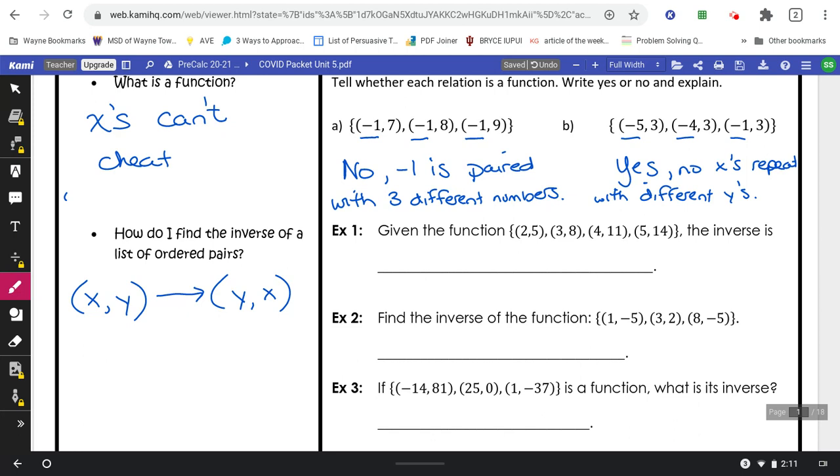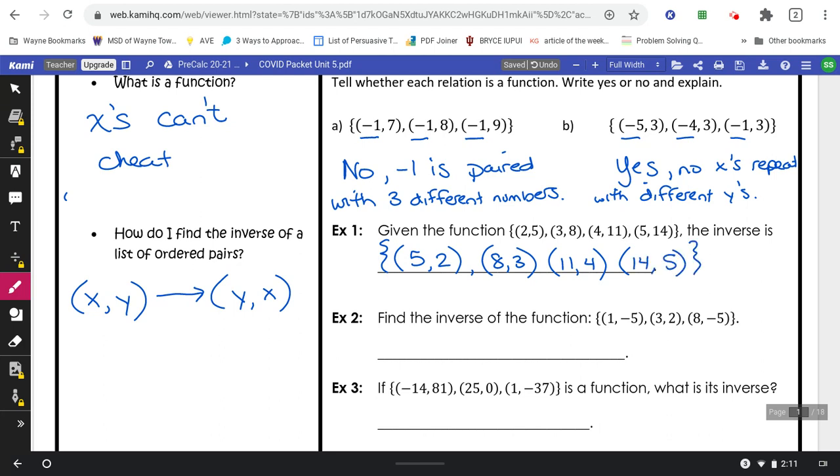So for our first example, given the function 2, 5, 3, 8, 4, 11, and 5, 14, the inverse is, and they put these nice little curly brackets there, so do your best to draw those. It's okay if you can't. Now we're just going to flip the x and the y. 3, 8 becomes 8, 3. 4, 11, switch it, 11, 4. 5, 14 becomes 14, 5.